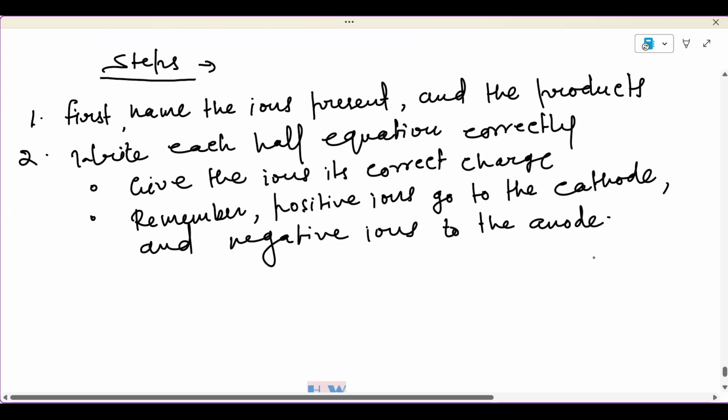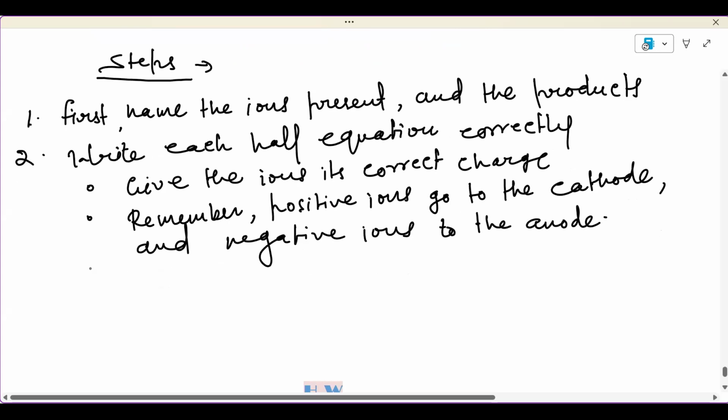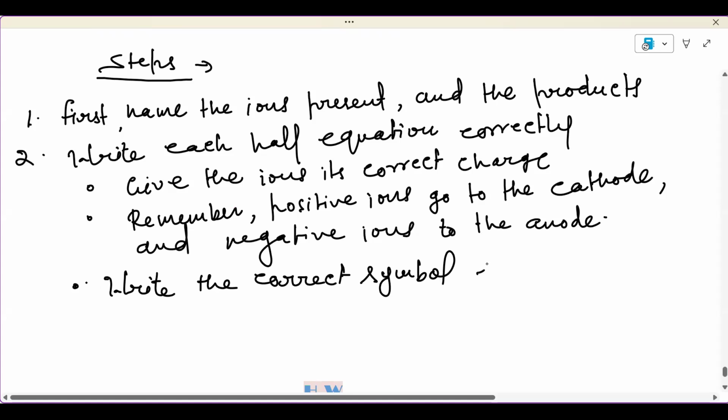Right? Next point is write the correct symbol for the element that forms.